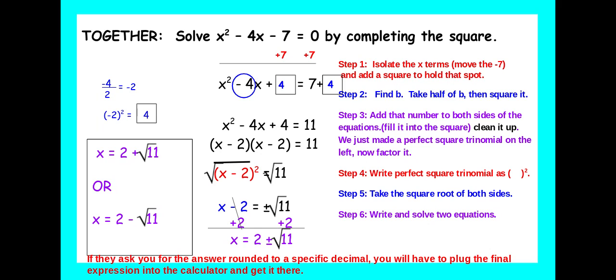Put 2 plus radical 11 in your calculator, press enter, you should get 5.32, if rounded to the nearest hundredth. I'm just using hundredth for right now. Same thing happens for the next one. If you put 2 minus radical 11 in your calculator, press enter, you should get negative 1.32. So we just solved this equation for x using completing the square.